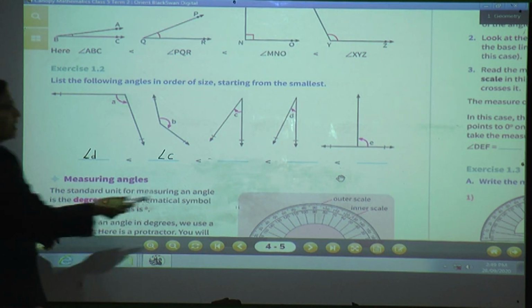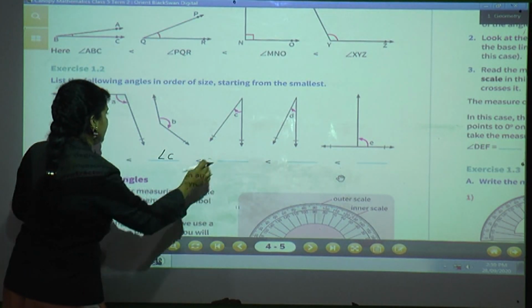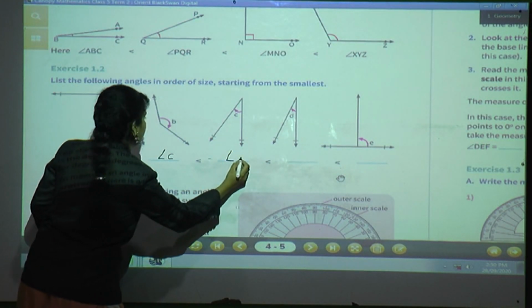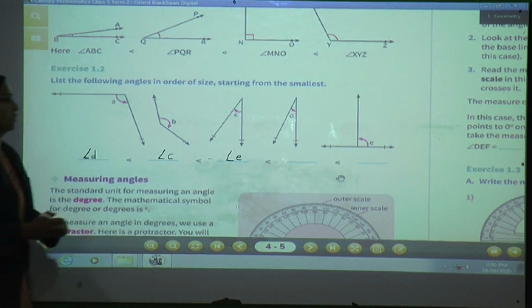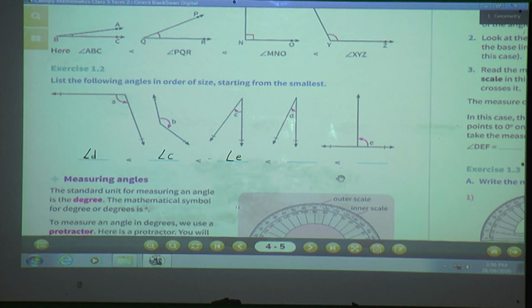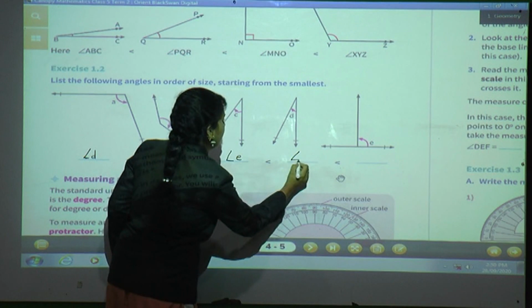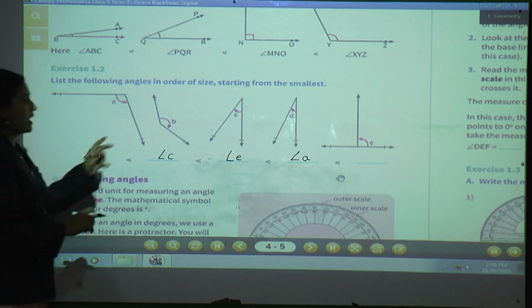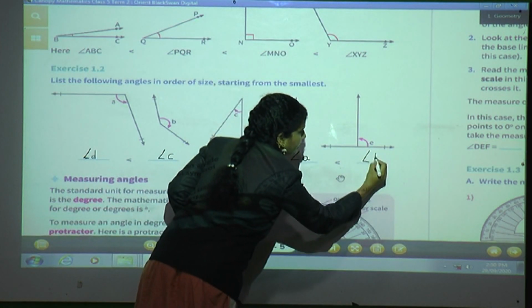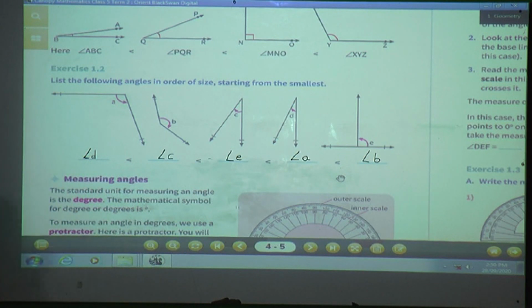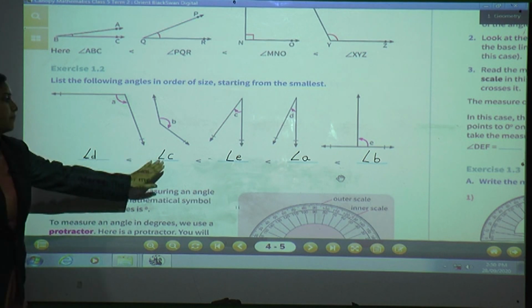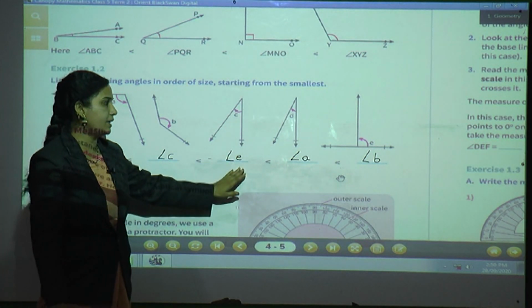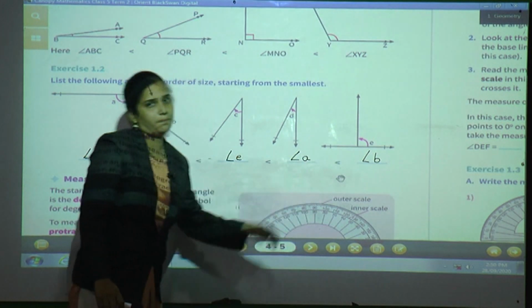Yes, angle E. Angle E is bigger than angle D and C. Then angle A is bigger than angle B, C and E. Sorry, angle A is bigger than D, C and E, and the last one, angle B, is the biggest angle. So students, write in your textbook only. First one is angle D, then angle C, then angle E, angle A and angle B.